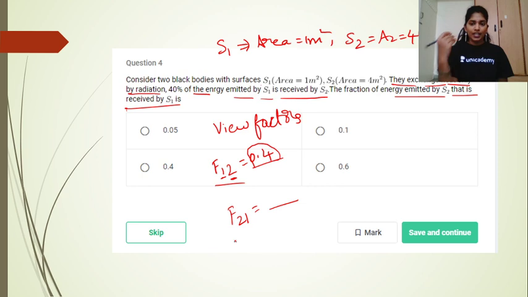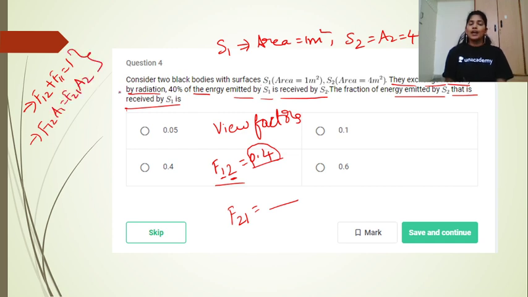So in radiation, the basic and simple properties that we should remember are F12 plus F11 is equal to 1, and F12A1 is equal to F21A2.